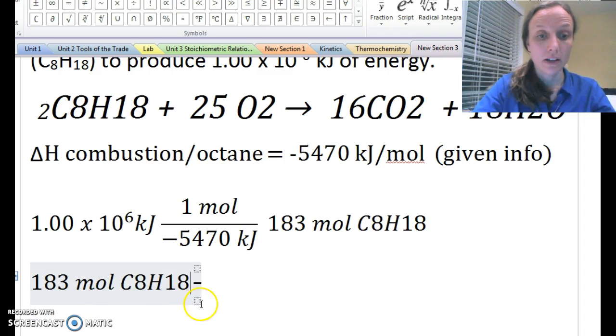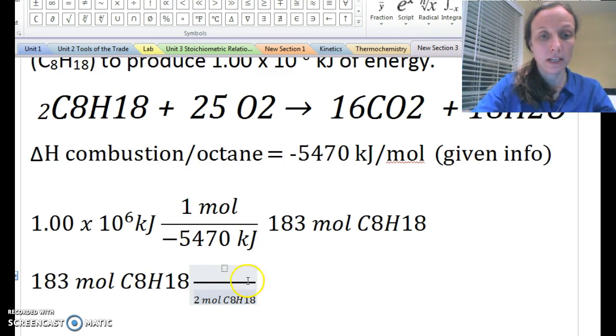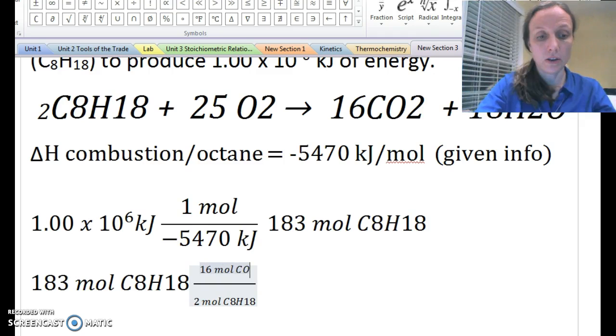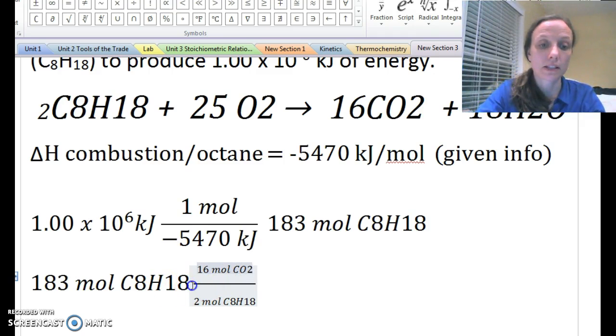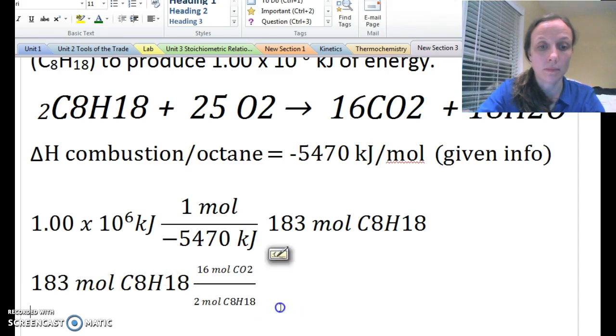So now we know we've got 2 moles of your C8H18, and you've got 16 moles of your CO2. So now that's going to cancel, this cancels with the bottom here. It won't let me highlight just the bottom, but there it went.